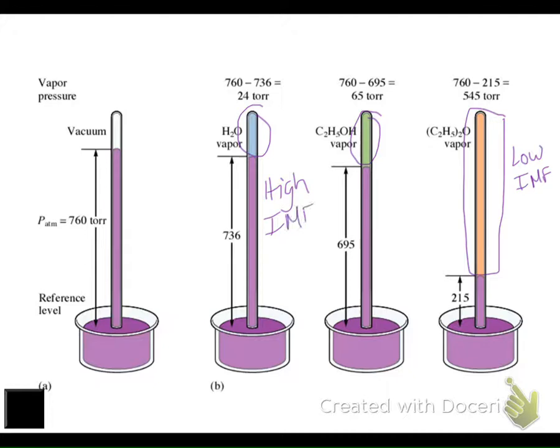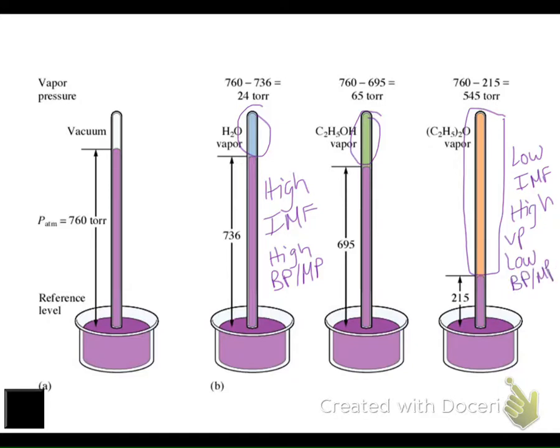And then we can say, okay, so if it's got high intermolecular forces, it's also going to have a high boiling point and high melting point. I'm just going to put a slash MP there so that we know that that's high boiling point and high melting point. If it's got low intermolecular forces, we know that it's got a high vapor pressure, so high vapor pressure, and low boiling point and melting point.